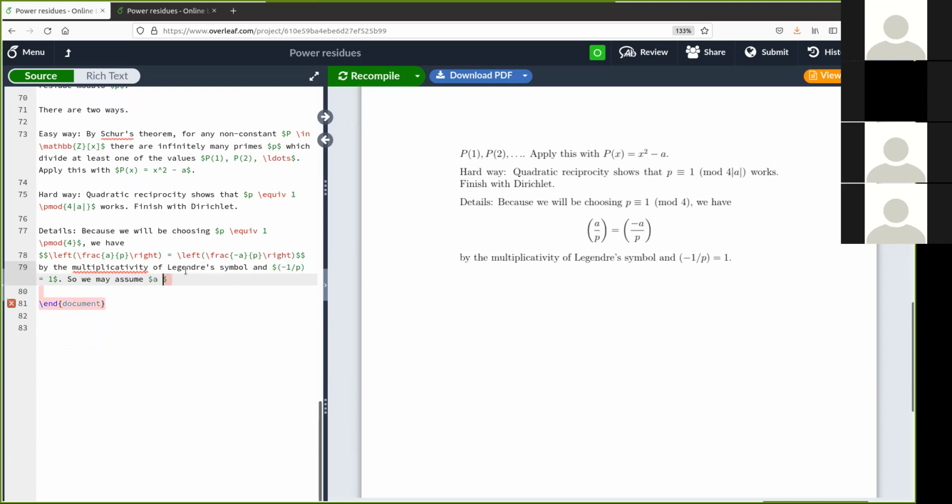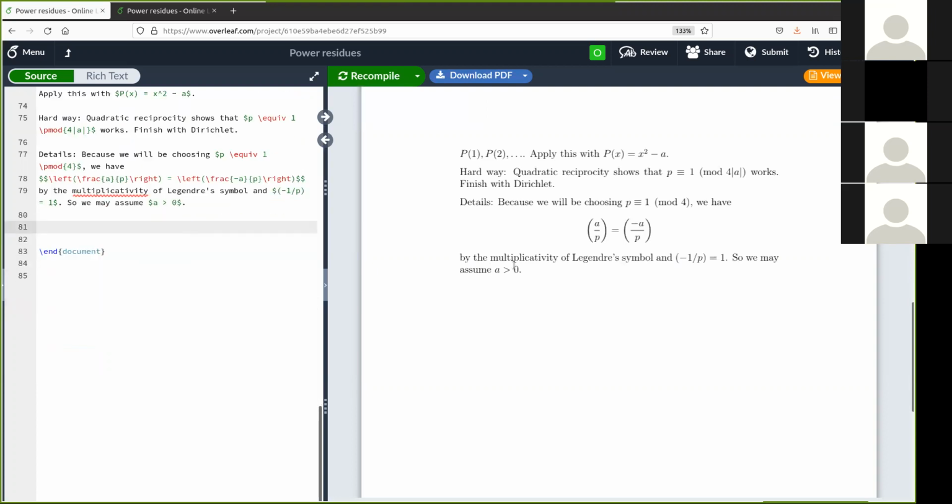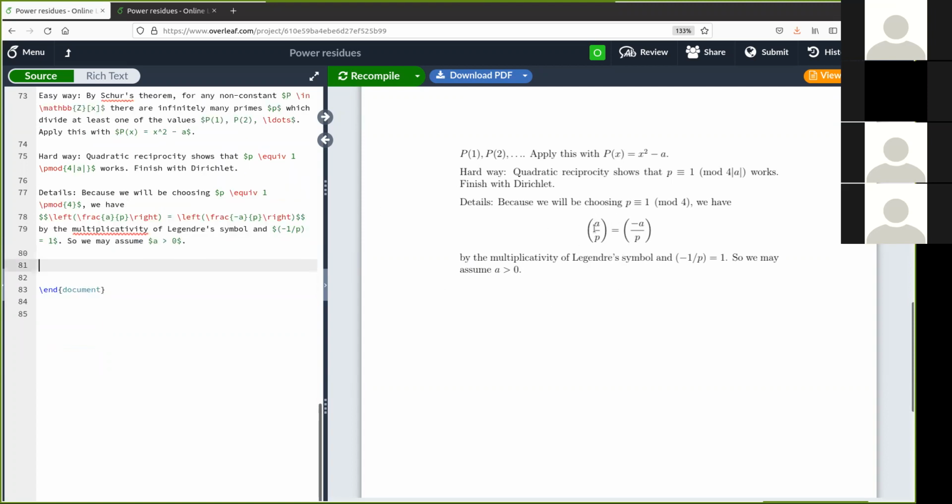So we may assume that A is positive. Okay, so I'll be denoting the symbol with these brackets. I think this is quite standard. Okay, then we write A as B times a square.